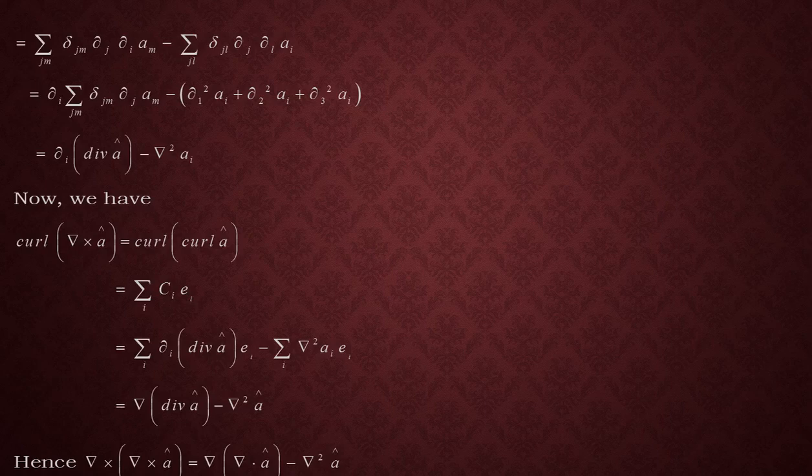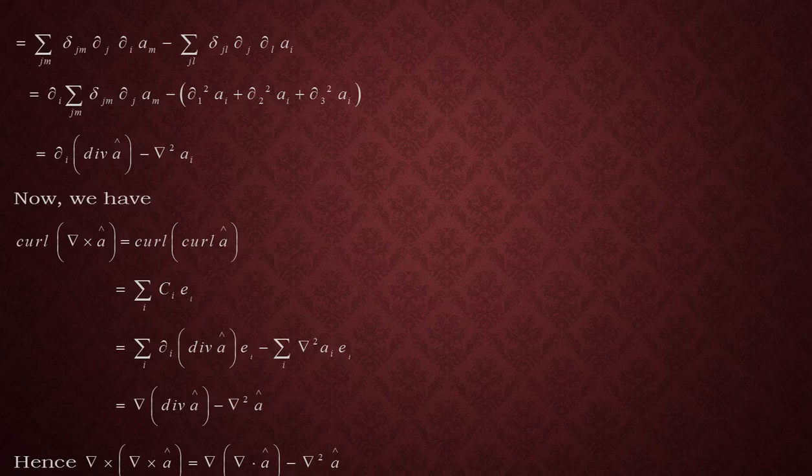From the first summation we can take out ∂_i, and we expand the second summation over j and over l. Then we obtain C_i equals ∂_i of summation over j, m of delta_jm ∂_j a_m minus (∂_1² a_i plus ∂_2² a_i plus ∂_3² a_i).